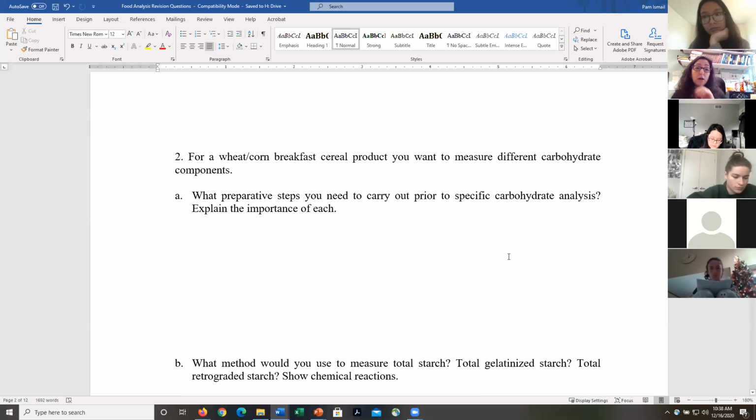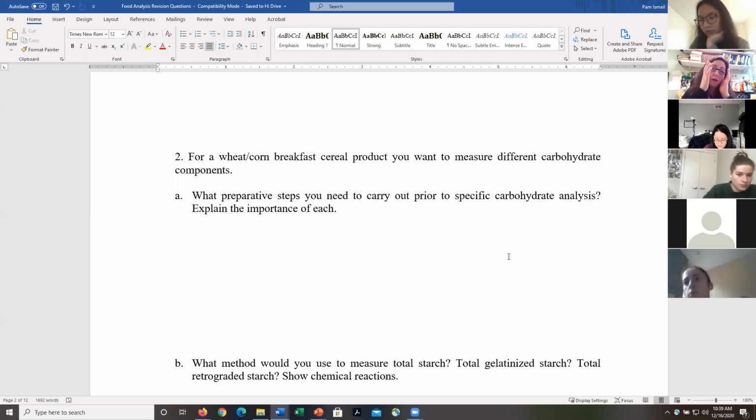This is similar to what you got on the last quiz. What are the preparatory steps for carbohydrate? There are two main steps: you dry, you defat. That's the first thing you have to do. After that, it depends what you are measuring.